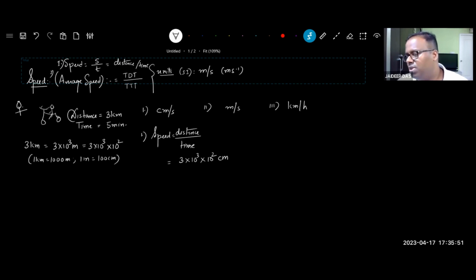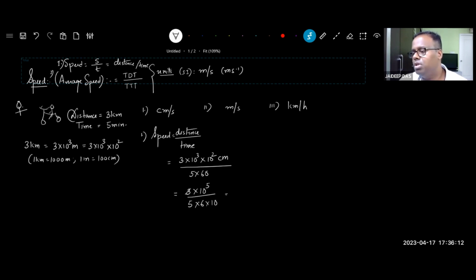Over time, and they've asked us to find it in seconds, they've given it in minutes. So 5 into 60. Now see how to do these problems without a calculator. So this becomes 3 into 10 to the power 5, and you can write 5 into 60 as 5 into 6 into 10, right?